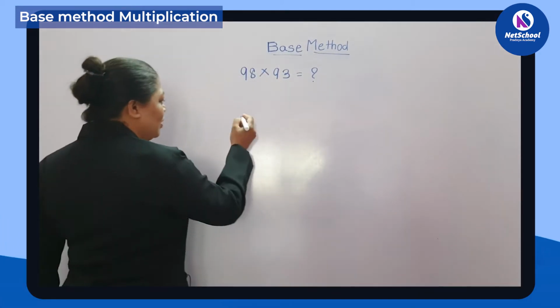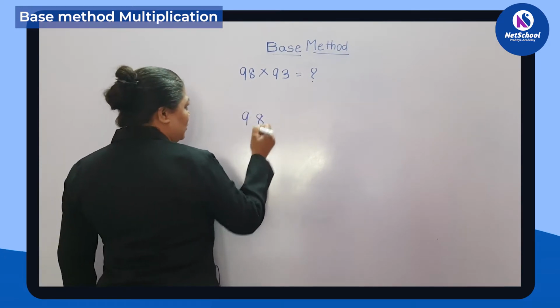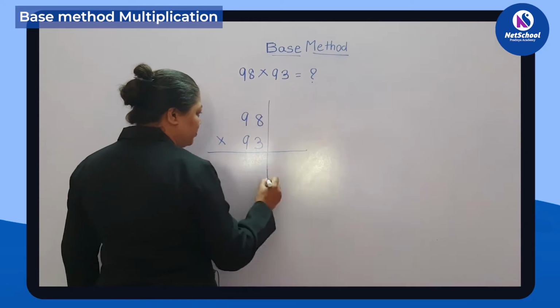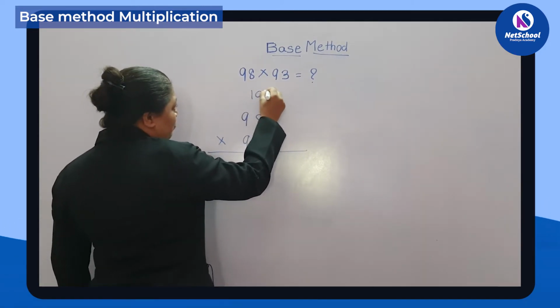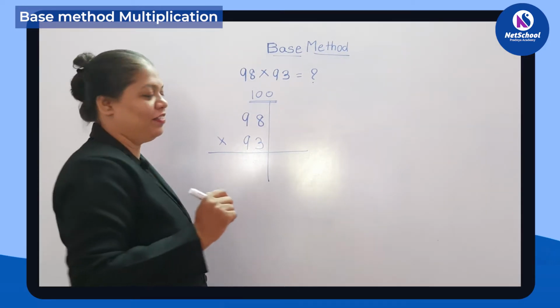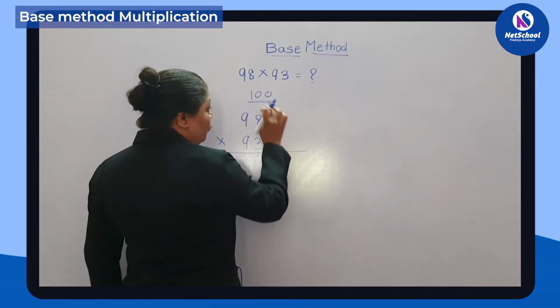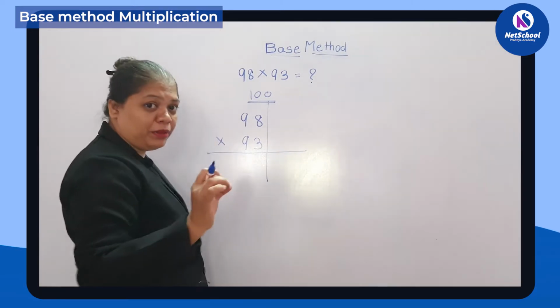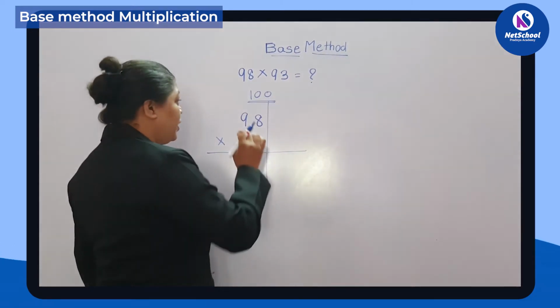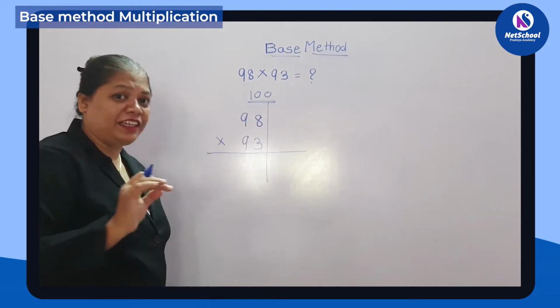Sure. We'll write it in the vertical form, 98 into 93. Now these numbers are near the base of 100. Here we need to find the complement, which is the difference between 100 and 98.